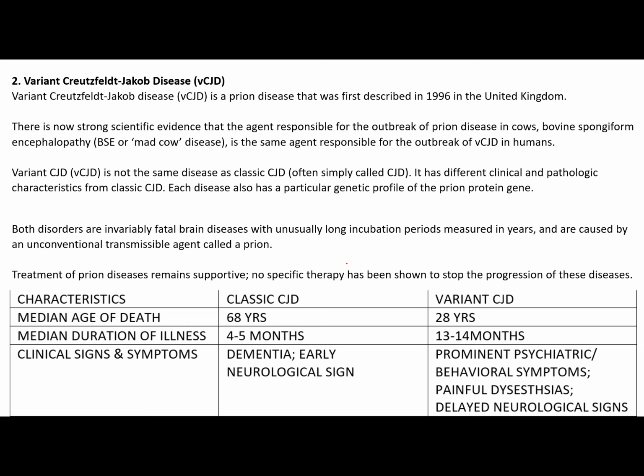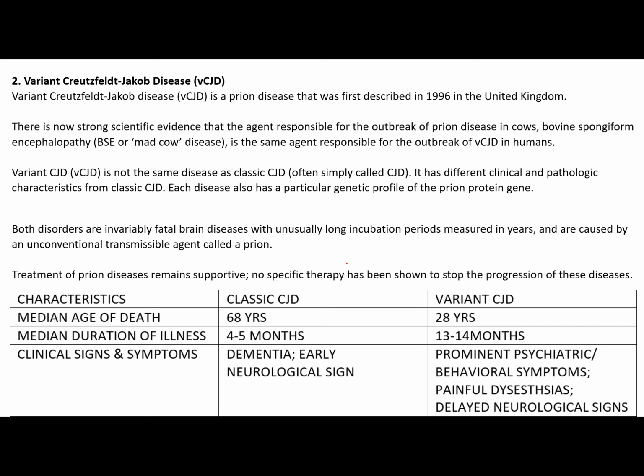While for the variant CJD, class, the median duration of the illness is at least a year, 13 to 14 months. So you would acquire variant CJD at a very young age, early 20s to late 20s. But there is a longer time to live, at least 1 year, 13 to 14 months.